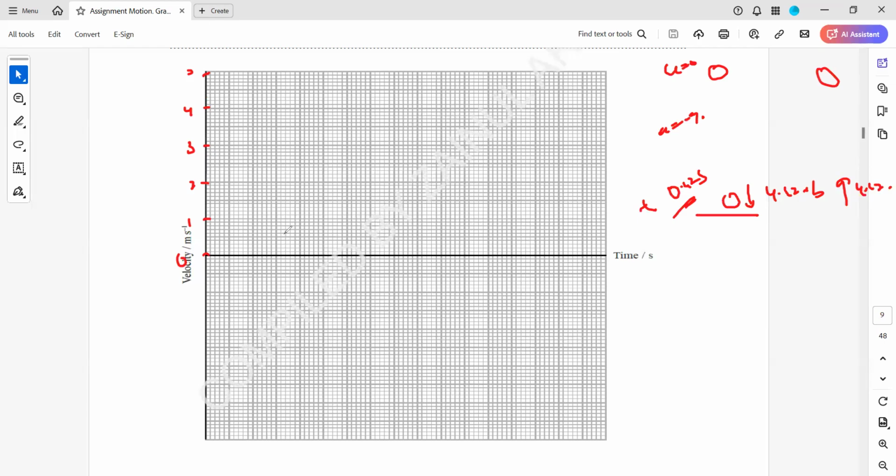Now we'll mention the time axis as well. For example, say 0.2, 0.4, 0.6. Time scale you can label.